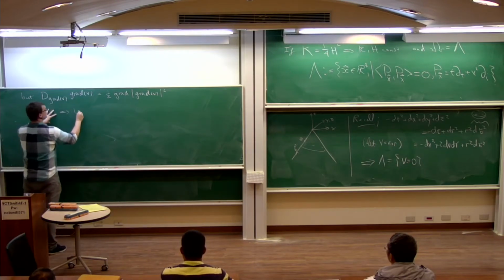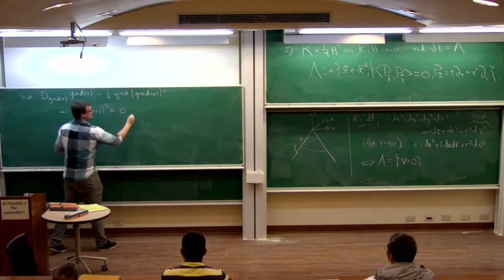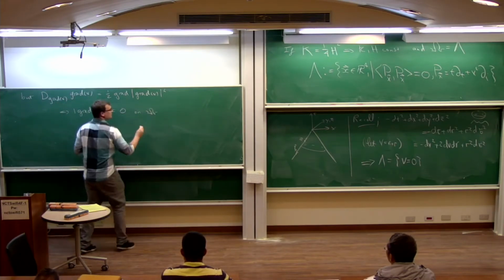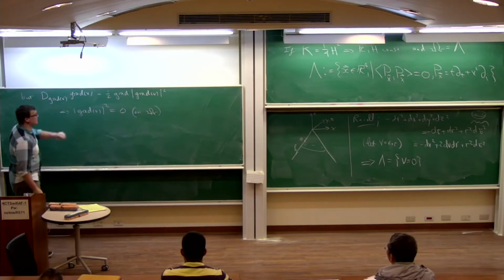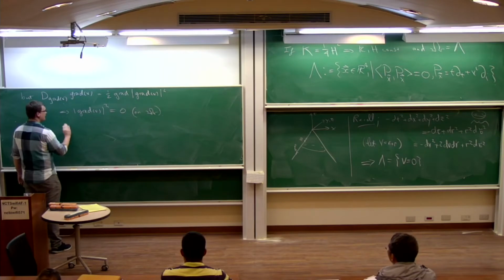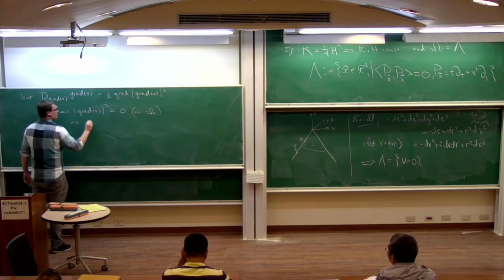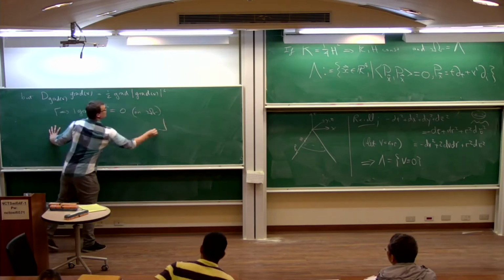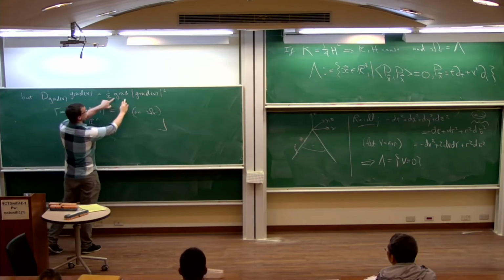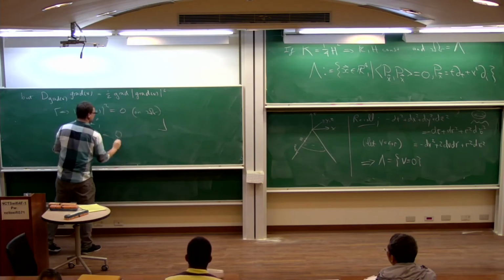We saw this forces grad V squared to be 0, at least on Ω, right? But here, because it's a coordinate, this is actually true wherever V is defined. Okay, so this is actually true on all of R^{3+1}. So the point I'm trying to make here is I can now take the gradient of something that's always 0, and this is equal to 0.